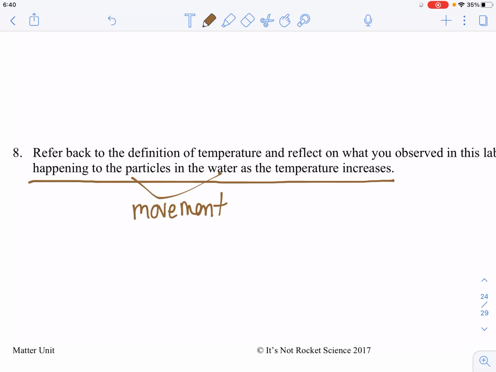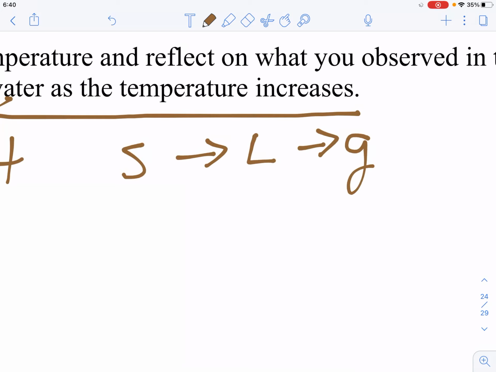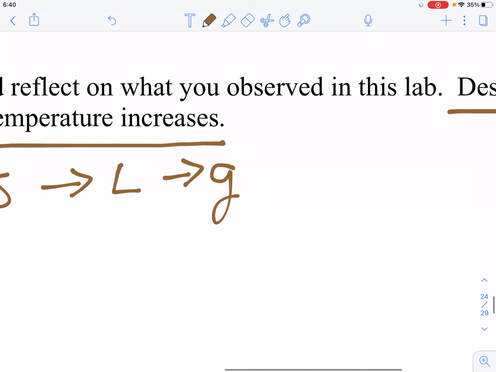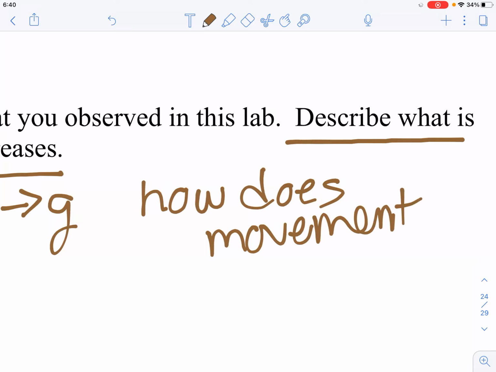And as they go to a liquid, how does that movement change? And as they go from a liquid to a gas, how does their movement change? So how does their movement change between states? All right, so I think that should give you enough information to finish doing that.